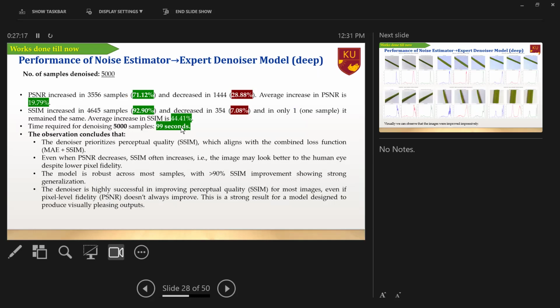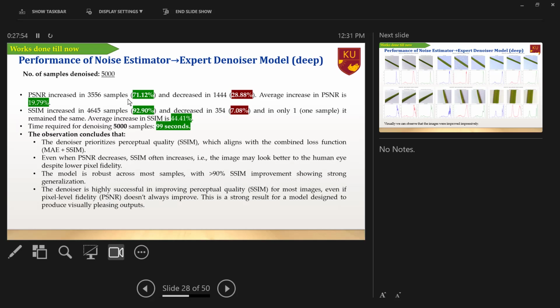In the first case we saw a 63.84% increase in PSNR, and this model provides a 71.12% increase in PSNR. Again, SSIM increased 88.40% in the previous one, and this deep model provides a 92.90% increase in SSIM. The average increase in PSNR is 19.79, which is double the previous one.